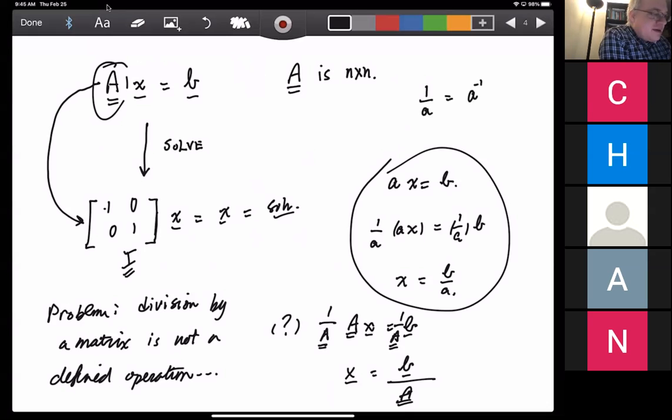That minus 1 exponent sort of plays double duty in math. Sometimes we think of an exponent of minus 1 meaning 1 over the quantity. Sometimes we think of that exponent minus 1 as representing the inverse. And in fact, the multiplicative inverse of a number is just 1 over the number. So the two things mean exactly the same thing in the scalar context. That's not always true.